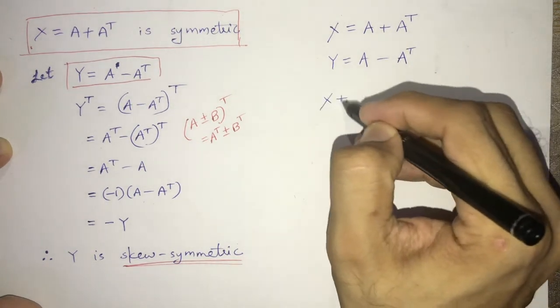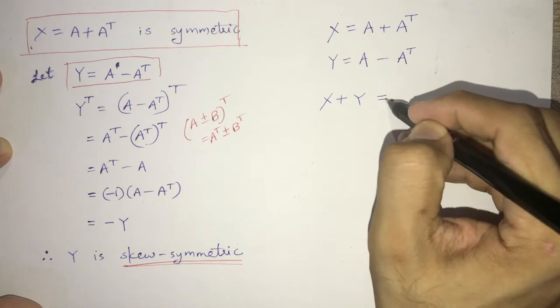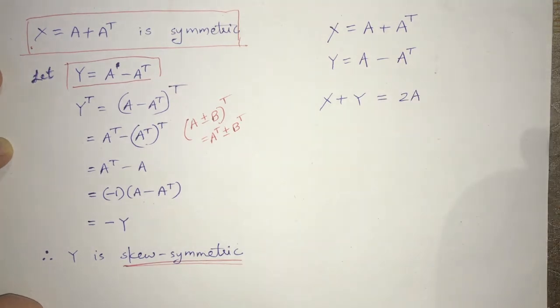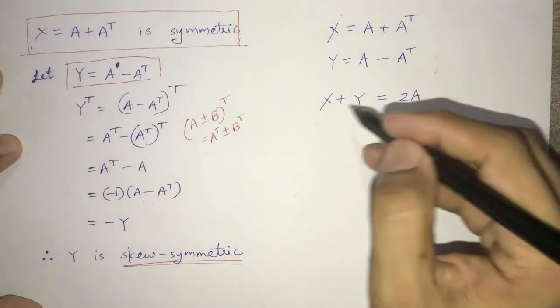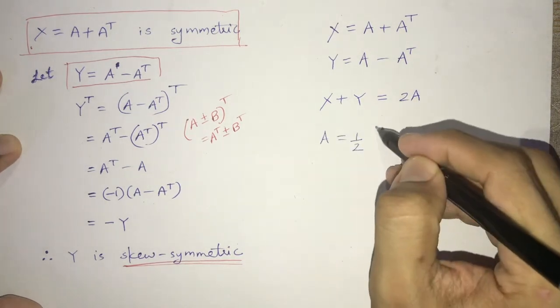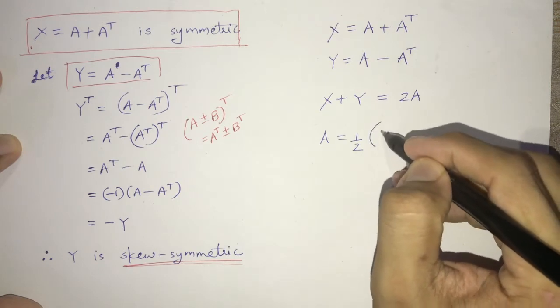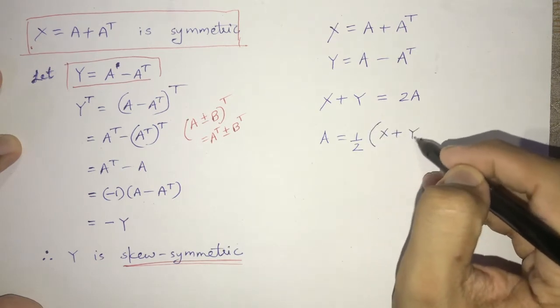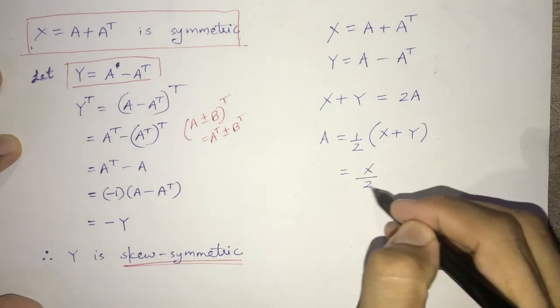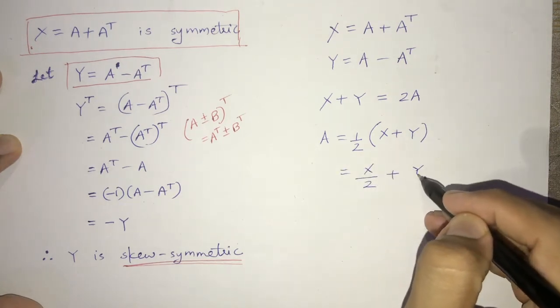If I add them, what I get is 2A, right? So what is A? It is half multiplied to X plus Y. So A is X by 2 plus Y by 2.